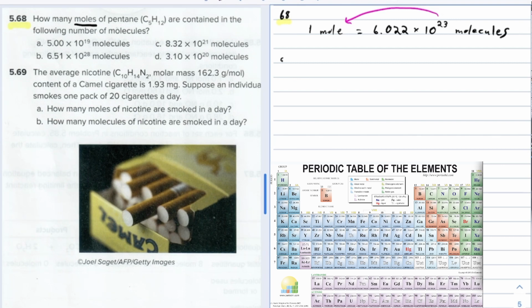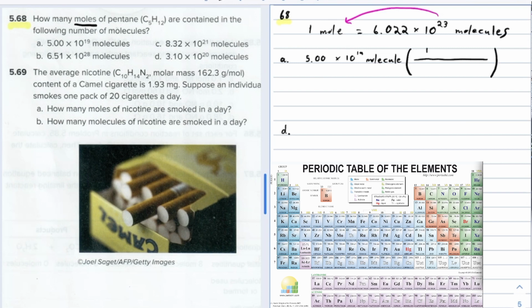How about A and D? So for A, we start off with 5.00 times 10 to the 19th molecules. And we multiply by the conversion factor.